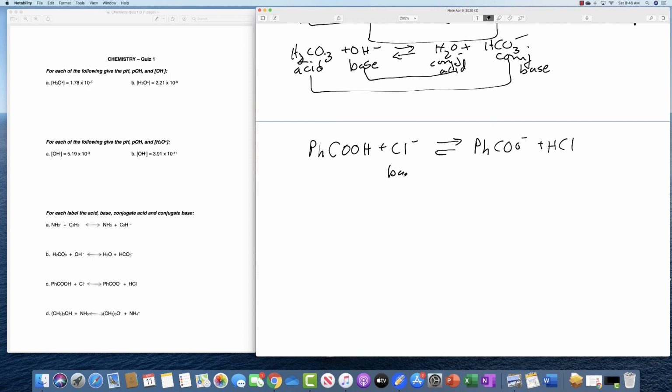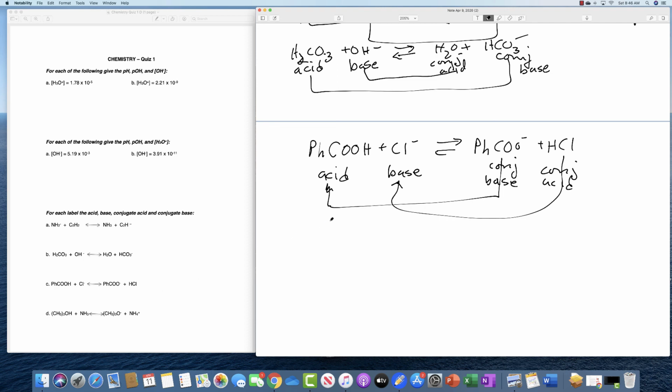And so this has to be the base, which means this has to be the acid, and indeed it does lose a hydrogen going in that direction, so it's the acid. Coming back this way, this gains a hydrogen, so it's the conjugate base, and this loses a hydrogen going this way, so it's the conjugate acid.